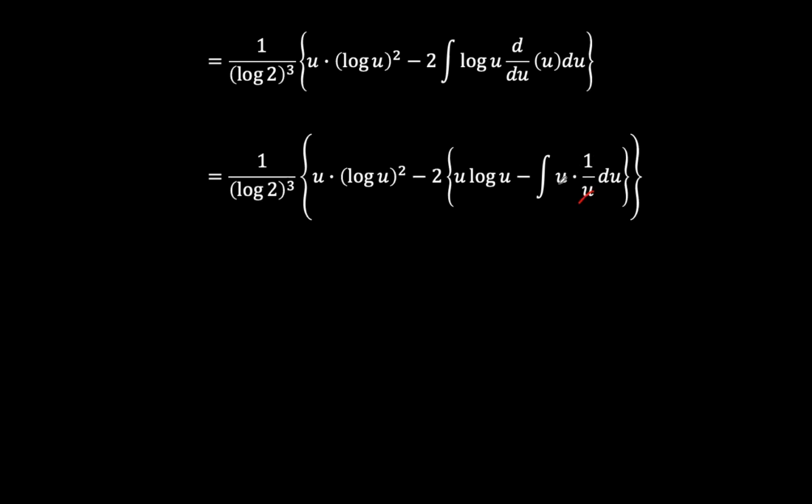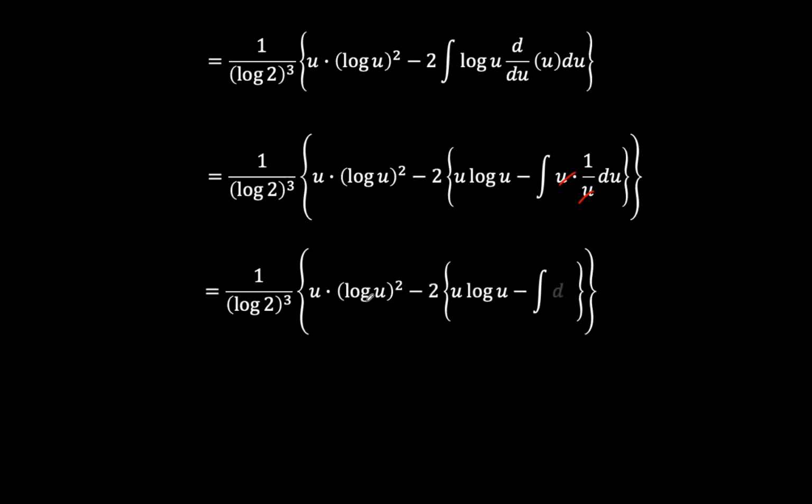So that would cancel. And so we have 1 over natural log 2 cubed, in brackets u times natural log u squared minus 2 u times log u minus the integral of 1 here. And integrating 1 means that we just have a variable u as a result, right? And then the integration constant as usual.